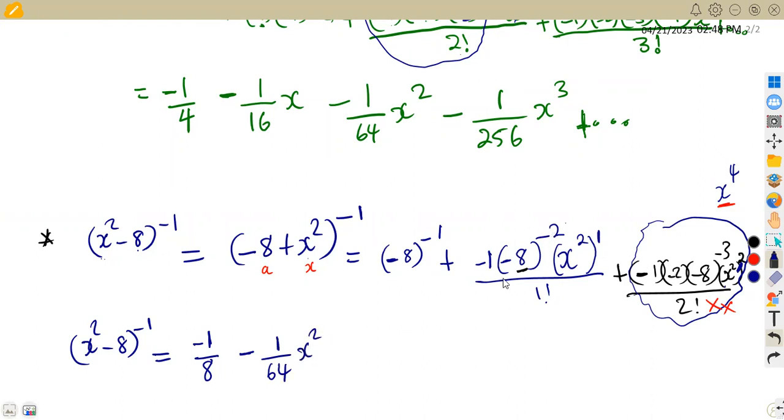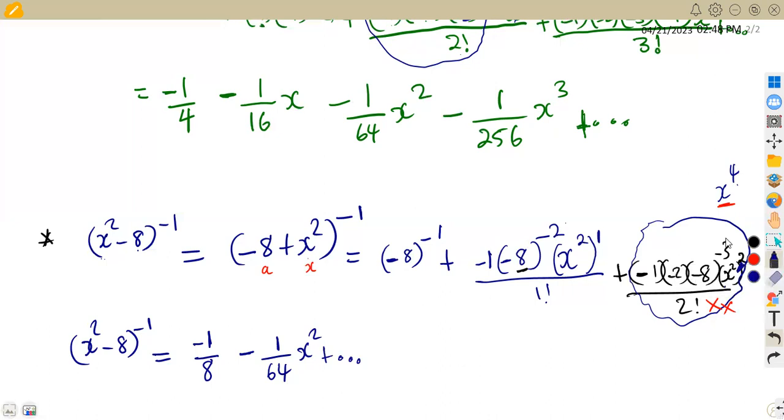That is what you're going to obtain, and you can just leave it like that. So you have the expansion of (x squared minus 8) to the exponent of -1, and so on. We can't have the next term because once raised to the power of 2, it is going to give us a 4. So that's why we are ending at this term.